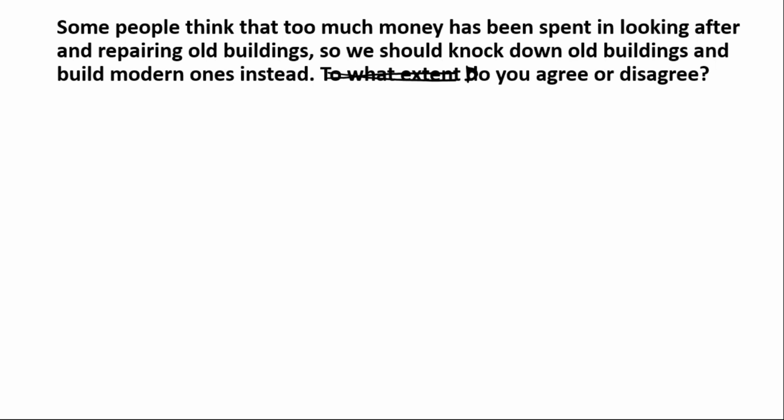So we have to either agree or disagree with the point that a large sum of money has been spent on taking care of, repairing or refurbishing these old buildings, and hence instead of wasting money on that, we should actually demolish all these old buildings and construct newer ones. Do you agree or disagree? So either we have to completely agree with it or we have to completely disagree.